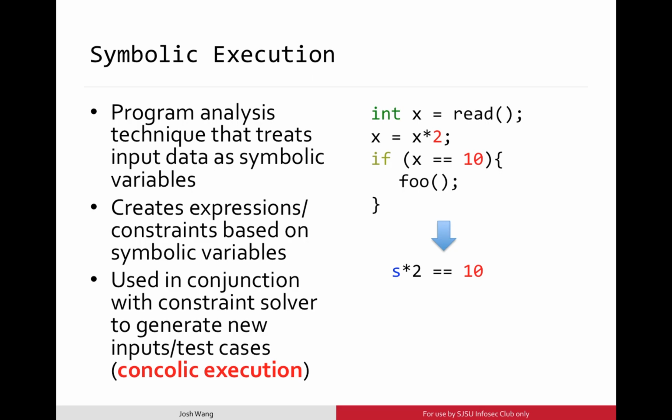So that's what symbolic execution is. It's creating expressions or constraints based on symbolic variables. And symbolic execution is used in conjunction with a constraint solver like Z3 to generate new inputs or test cases. Together, this process is called concolic execution.